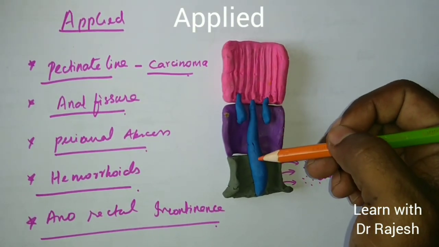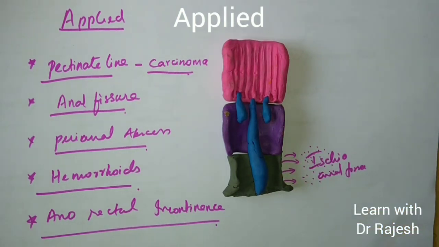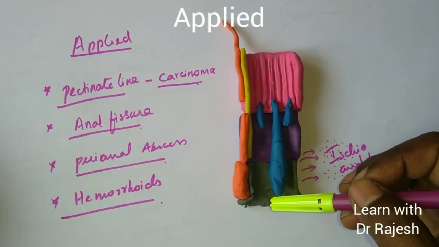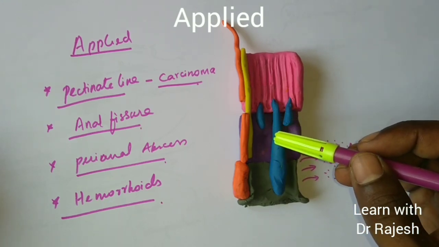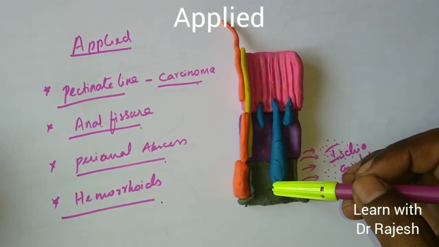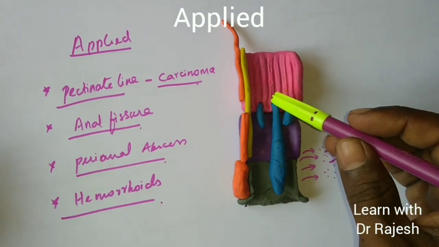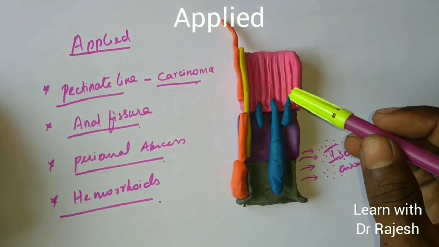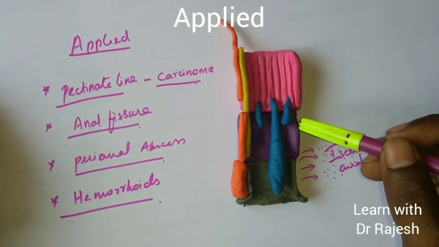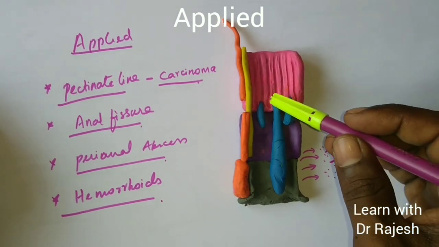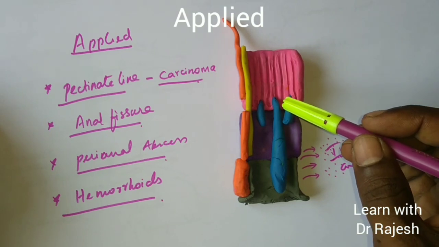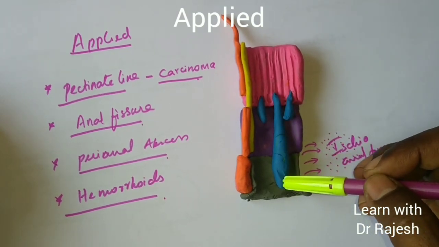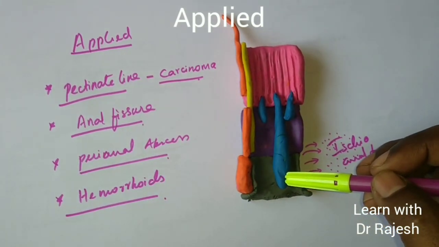You can see it projecting downwards, containing the normally dilated veins, and it also has the anastomosis from the arteries, the superior rectal, the middle rectal, and the inferior rectal arteries. Hence these hemorrhoidal masses, when they project down, sometimes can extend down up to the opening of the anal canal.